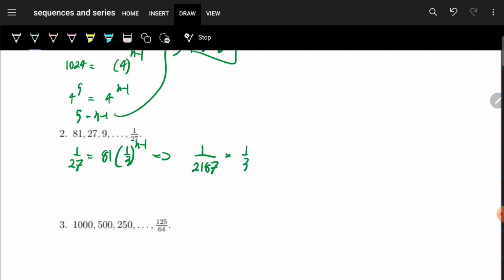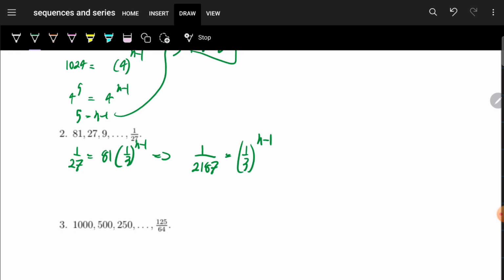So this is equal to 1/3 to the n minus 1. And I have to rewrite 1 over 2187 as a power of 1/3. Or more simply, I have to write 2187 as a power of 3.